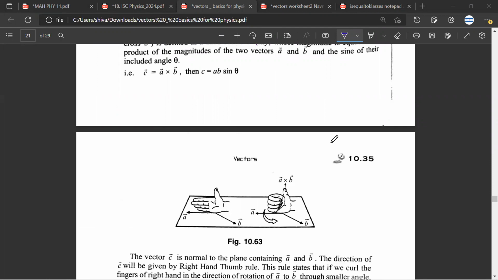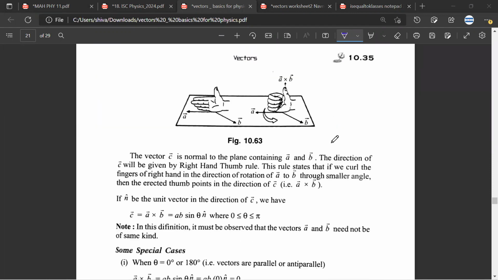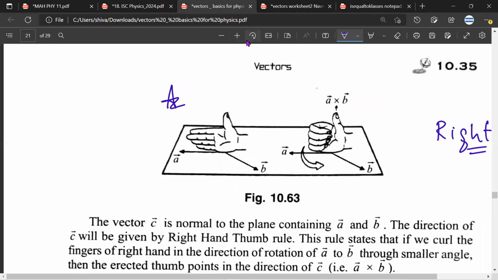Okay. So one of the concepts is, can you see this figure of a right hand? Yes, sir. Another thing: if I have to find the product of A cross B, it is written as A cross B. The dot product we wrote like this: A dot B. This is what is called a scalar product.